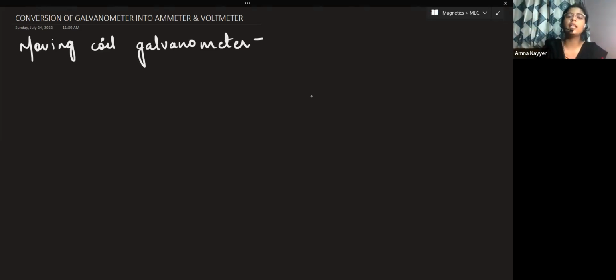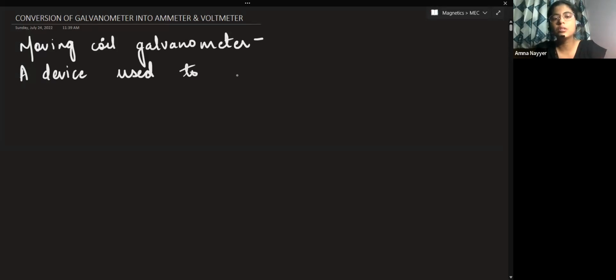Now, the moving coil galvanometer. Yes, it's a device used to detect current. This device that is used to detect current in the circuits is just a galvanometer. I am constantly using the term moving coil galvanometer, moving coil.